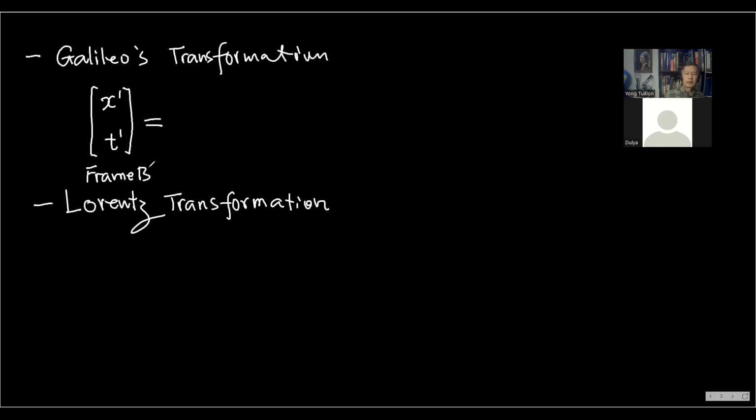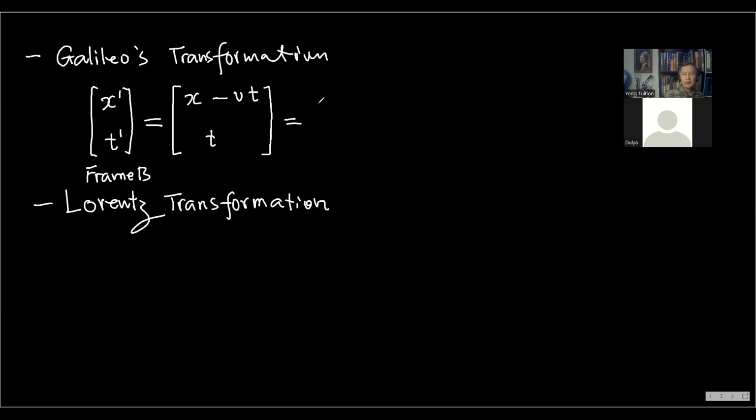And then you multiply something. Can we just rewrite this one? Do some exercise. That is equal to x. This time it is minus because you get the reverse. That is minus vt. And that will be just t. So this is Galileo's transformation.